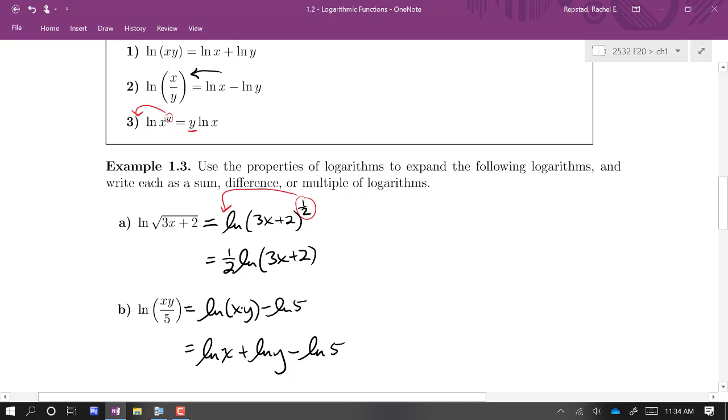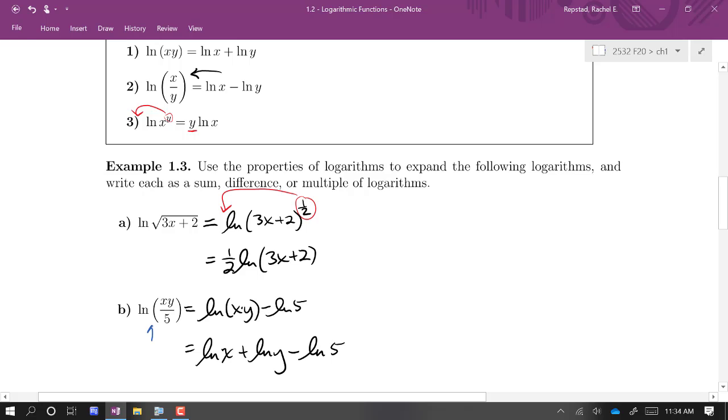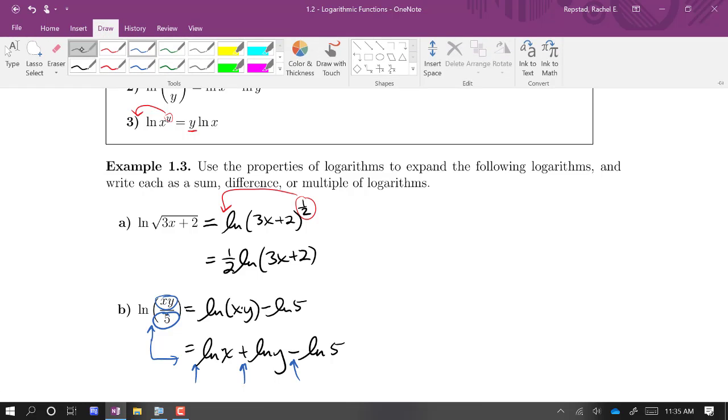Now with a scenario like this, a lot of times people will just go right from the start to the finish, and what we do is we take a look at everything being multiplied. There's just multiplication and division in this log. There's no addition or subtraction. So any factors that are up top correspond to positive logs. Any factors that are on the bottom correspond to negative logs.